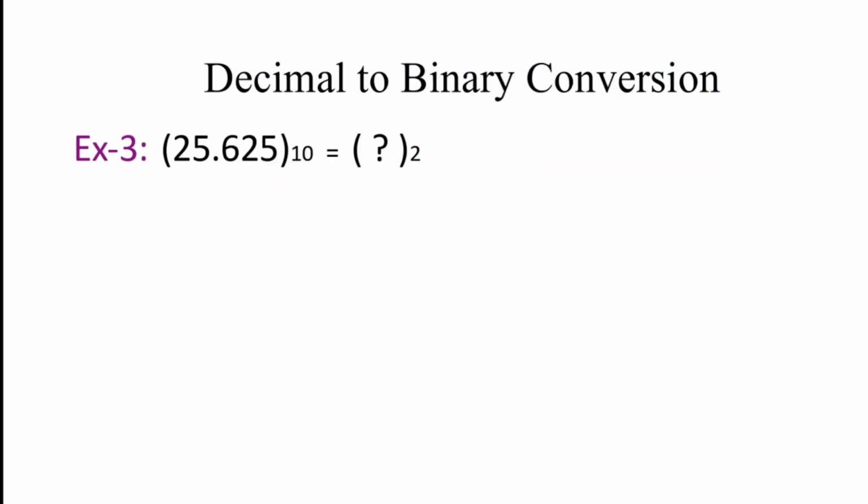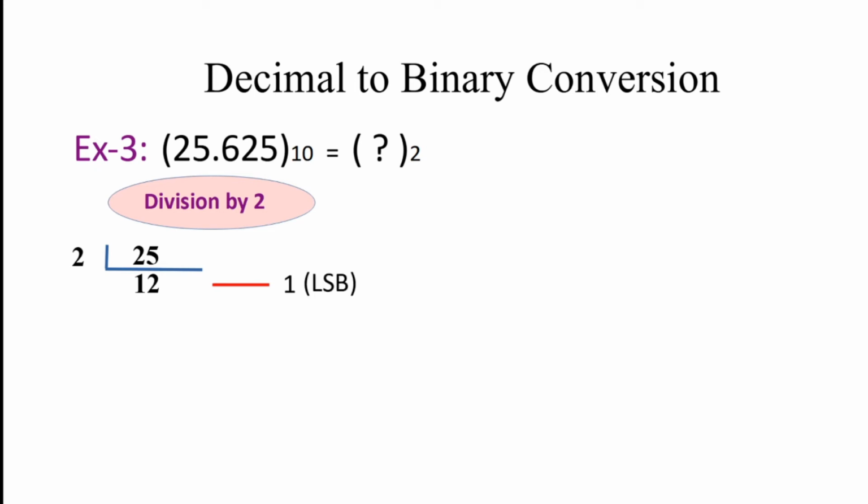Now let us take another example of mixed numbers, which is 25.625 in decimal. What will be its binary equivalent? Here the integer part is 25. In that case, we have to follow the repeated division by 2. And if we perform this operation, then 1 will be the LSB.